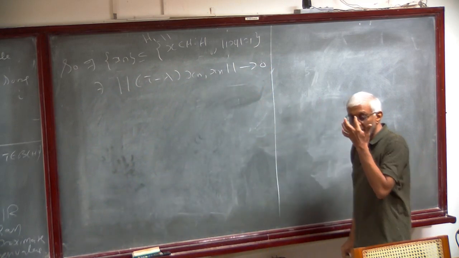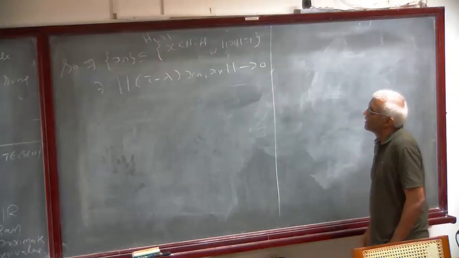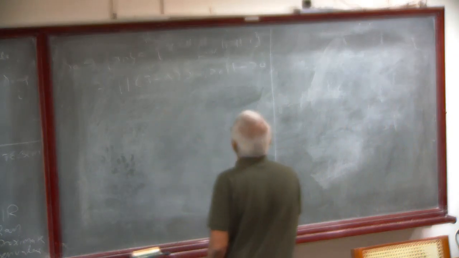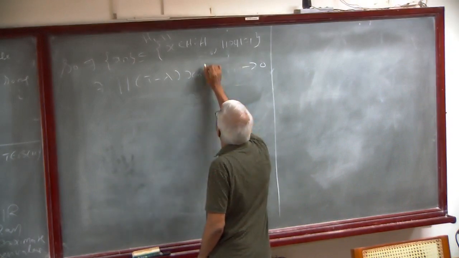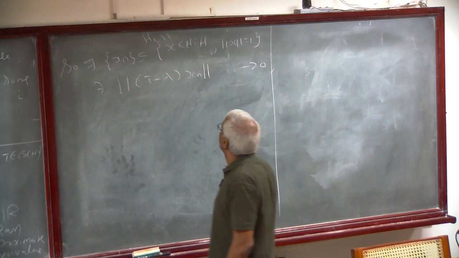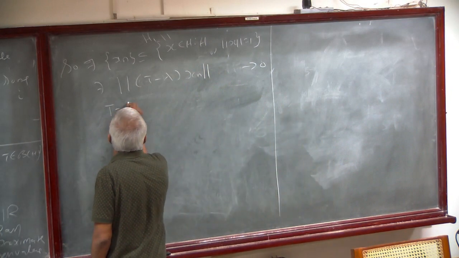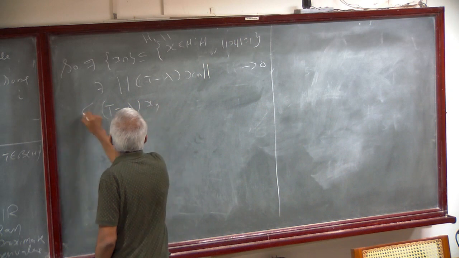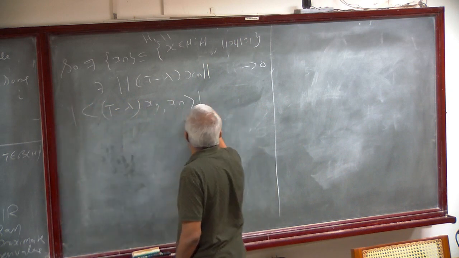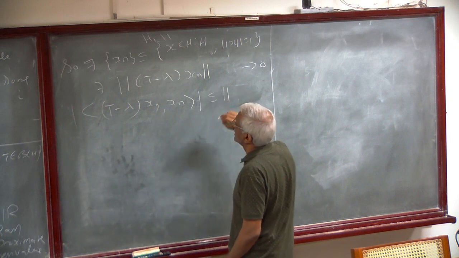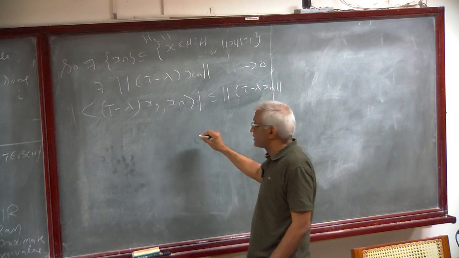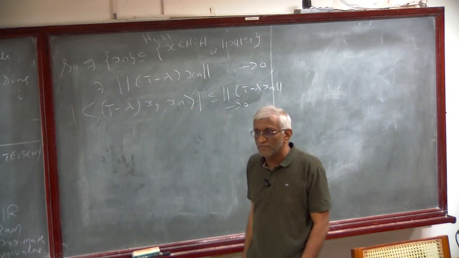This is what we use. Okay. In particular, this is okay. Of course, this is less than or equal to the norm of (T minus lambda) x_n, and that is norm 1. So this goes to 0 anyway. This is also true. Okay.